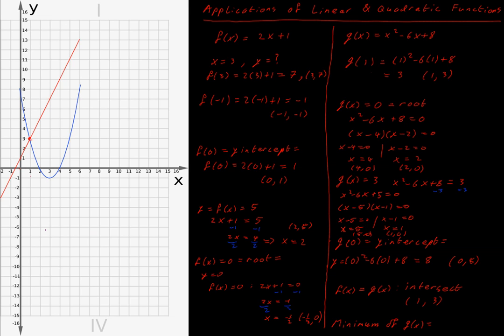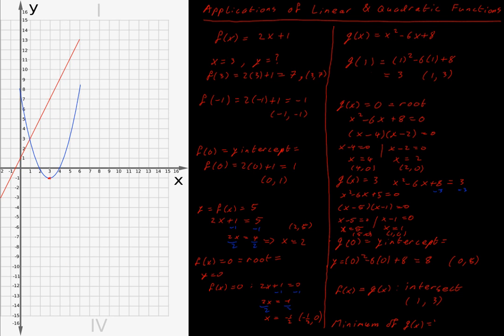And finally, we want to talk about where is the minimum of g of x. Where is the minimum point of g of x? Well, minimum just means smallest. So where is the lowest point on g of x? It's going to be all the way down at the bottom of our valley, at the bottom of our smile, which is going to be at x is 3.